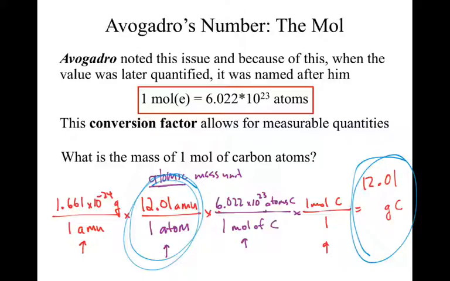This is the power of Avogadro's number. It allows us to scale up such an incredibly tiny mass by saying we're now looking at an incredibly large amount of those tiny masses, which then means the number that we see on the periodic table for our atomic mass is also the mass for 1 mole of our species.